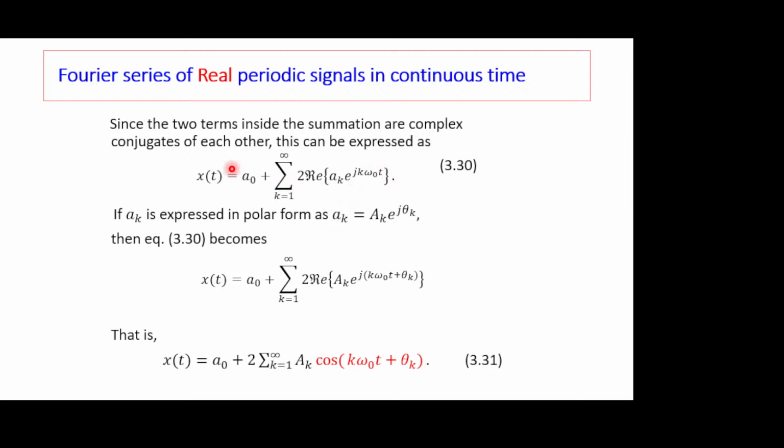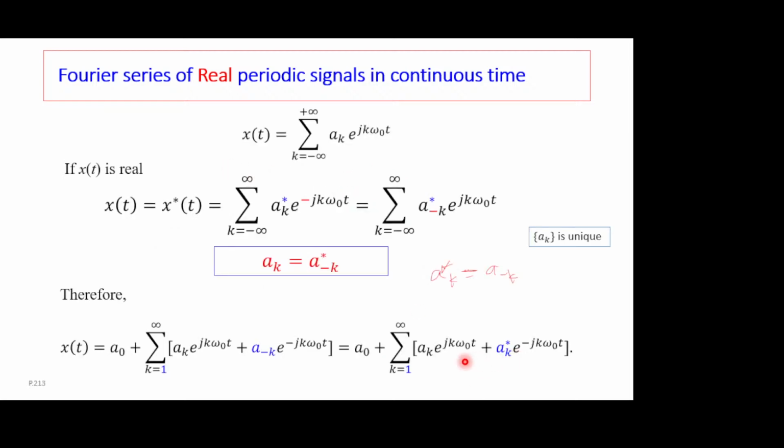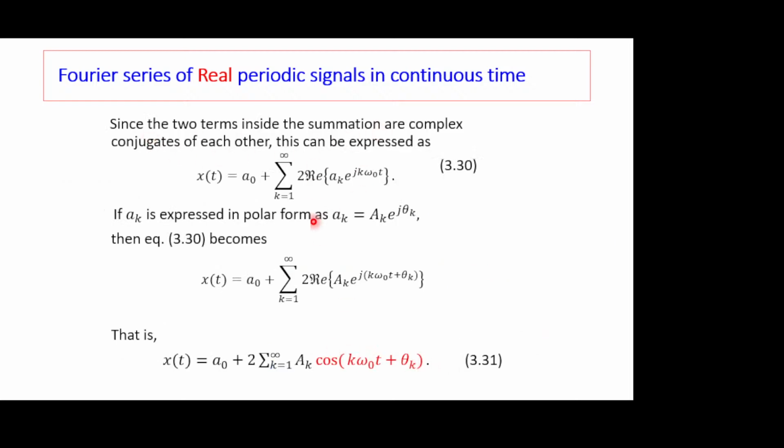Because they are complex conjugates of each other, the imaginary part cancels out and you are left with the real part. This is what we expected, because this is a real function, so you take only a real part.